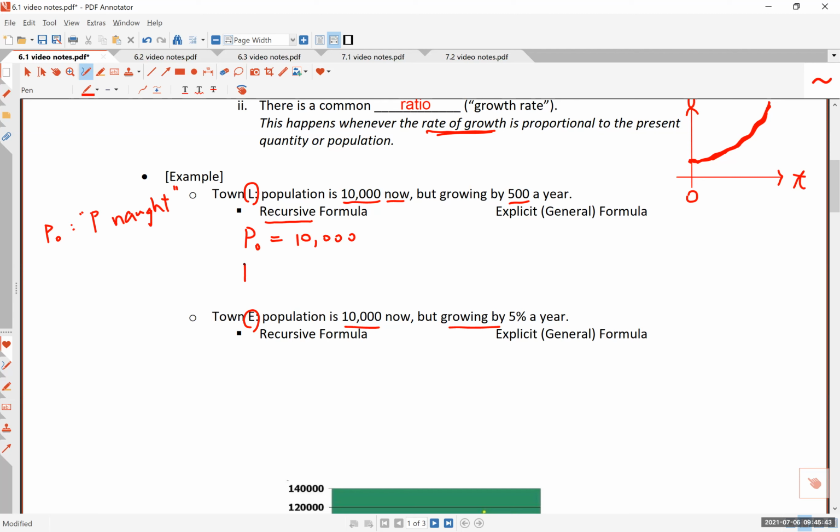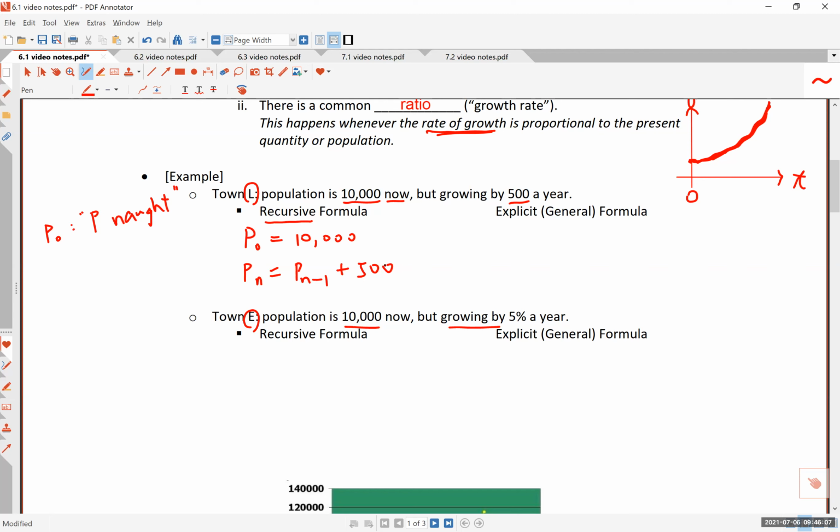So what we write under the recursive formula is this: P sub n, the population n years from now, is what do you do with the previous number? The previous number is the previous year's population, and you add 500 to it. So this is the formula.